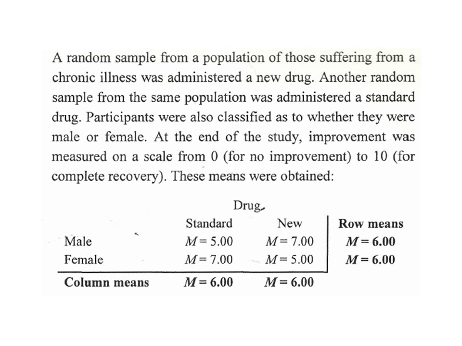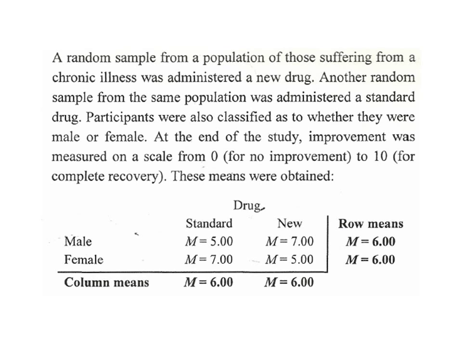So participants were classified as male and female. So now we have two different drugs, the standard and the new, and we have gender, so we have male and female. At the end of the study, improvement was measured on a scale from 0, no improvement, to 10 for complete recovery.